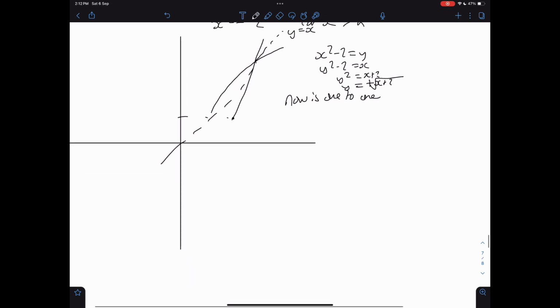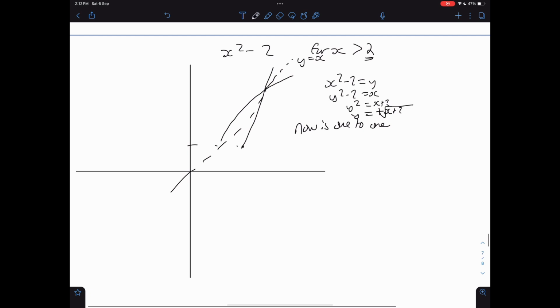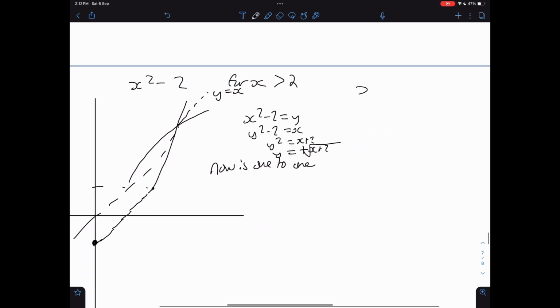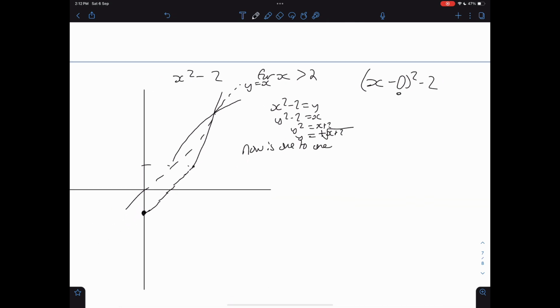And we could have done smaller than 2 and still be one-to-one. But at x equals 0, because it's the vertex, that's x minus 0 squared minus 2, because there's no x to the power of 1 involved. That vertex is at 0, minus 2. So you could have gone to 0, but as soon as you go past that, it's no longer one-to-one.